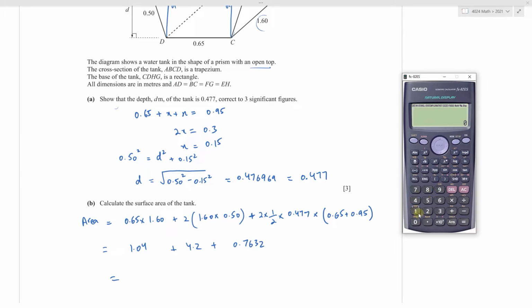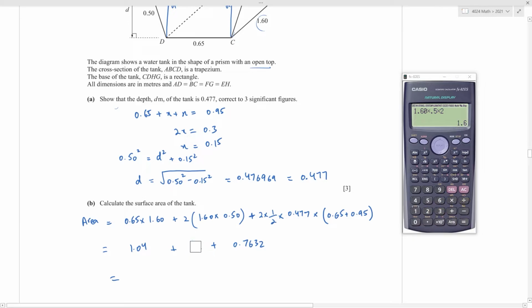So I'll add them now. I think I made a mistake somewhere. So 0.65 into 1.60 is 1.04, and then 1.60 multiplied by 0.5 multiplied by 2.